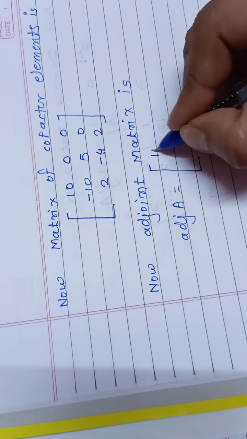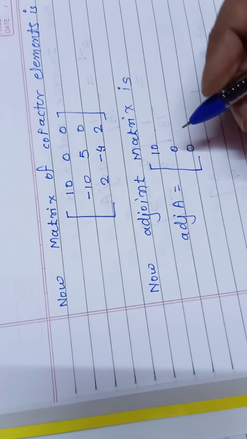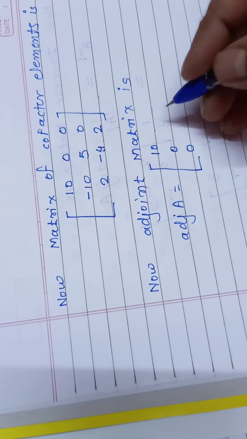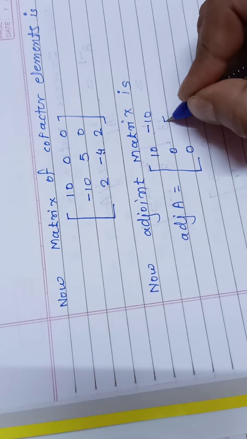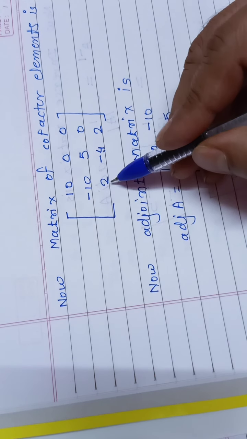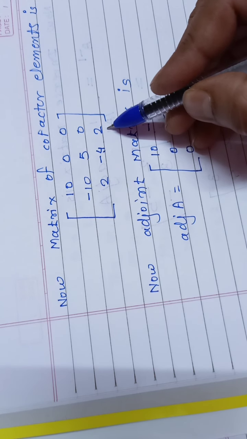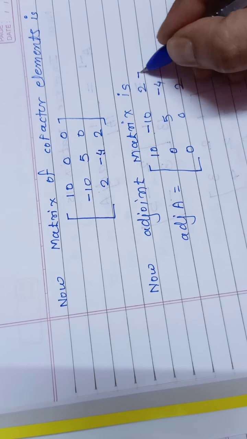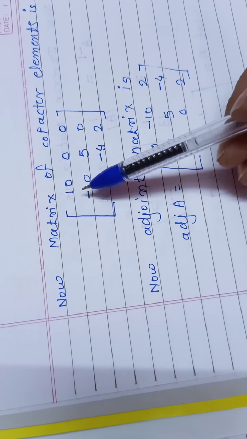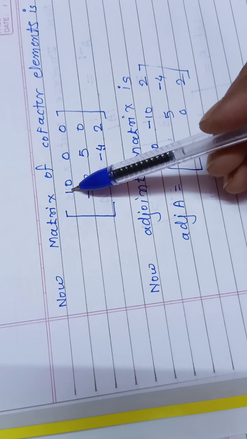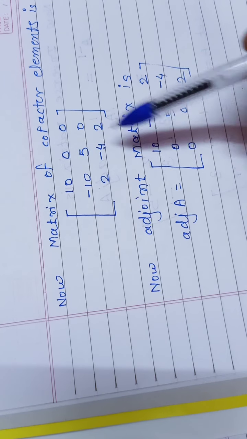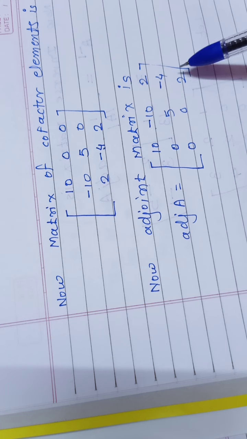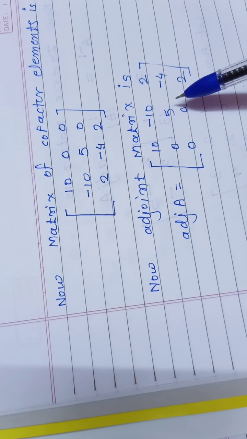So it is 10, 0, 0, second row is second column, that is minus 10, 5, 0, and third row is third column, that is 2, minus 4, 2. Again I am repeating, just this first row as a first column, second row as a second column, third row as a third column. So this is what we got, an adjoint matrix.